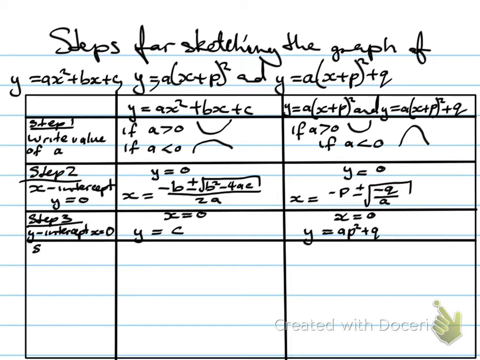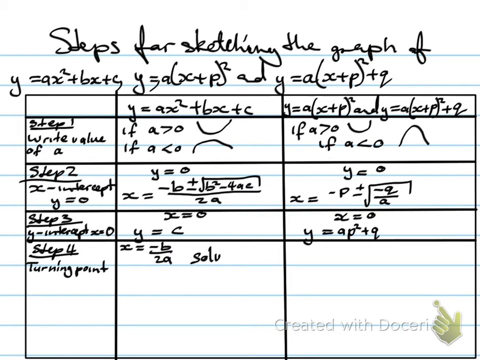And then step number 4, that is when we look for the turning point. So to find the turning point, we are going to say x equals negative b over 2a. So you just take the value of b, multiply it by a negative, and divide it by 2 multiplied by the value of a, and then you find the x coordinate of the turning point.